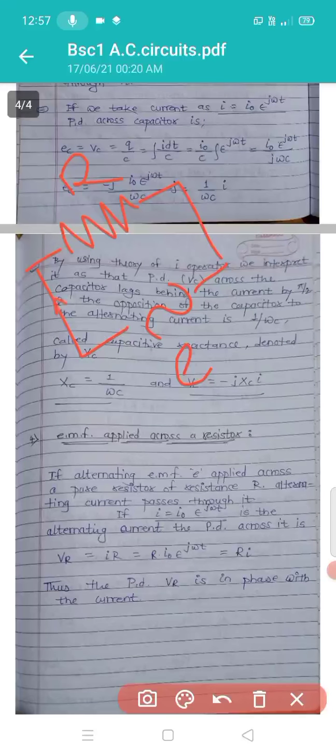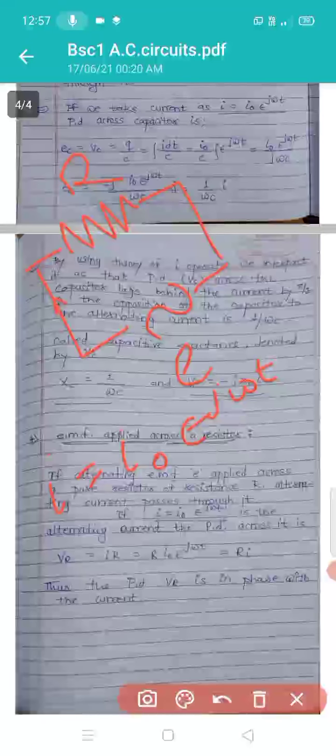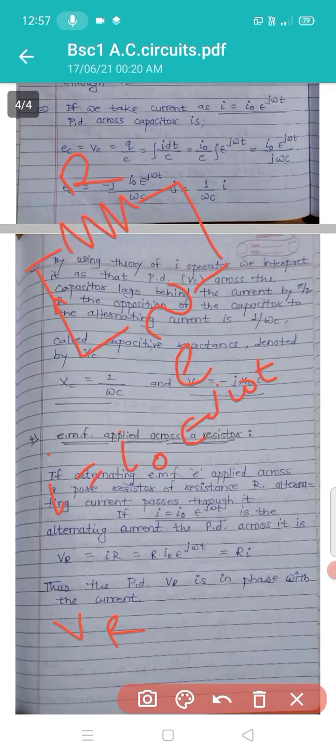Then if I is equal to I naught epsilon raised to j omega t is the alternating current, the potential difference across it is VR is equal to IR.